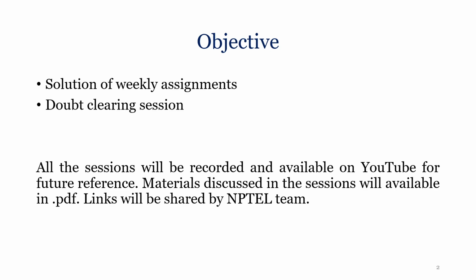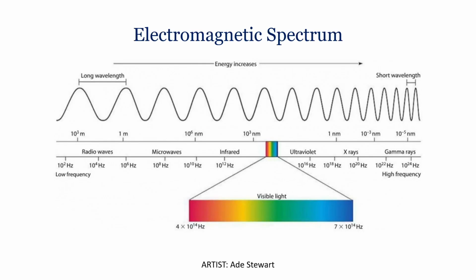Today, as it is a molecular spectroscopy course, I want to start with the electromagnetic spectrum. This is very important for spectroscopy. In the electromagnetic spectrum, the scale is not to scale, but as you can see, the waves go from long wavelength to short wavelength.